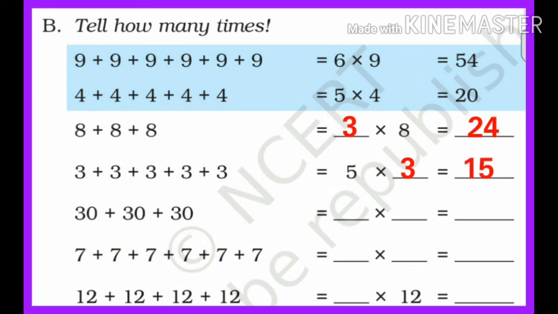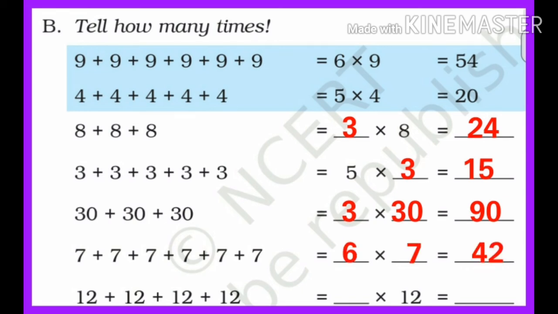In the next one, we have the number 30, which is added 3 times, so we will write 3 into 30, answer will be 90. Next, here the number 7 is repeated 6 times, so we will write 6 into 7, answer will be 42.